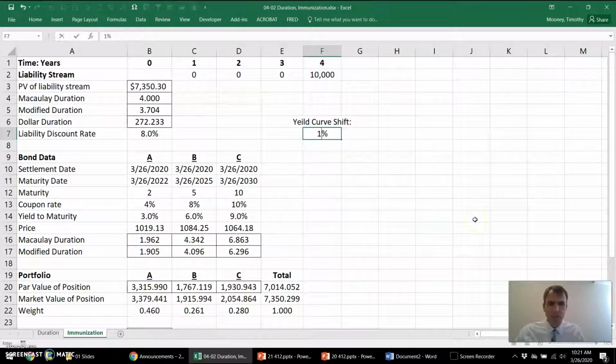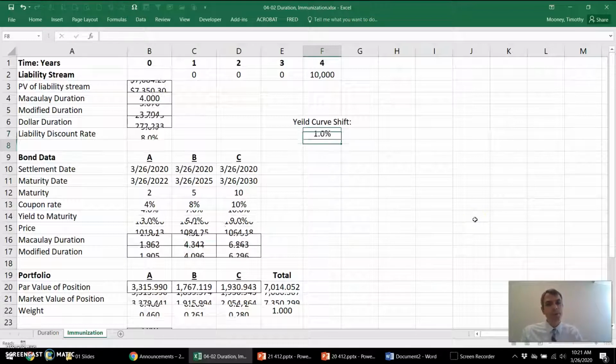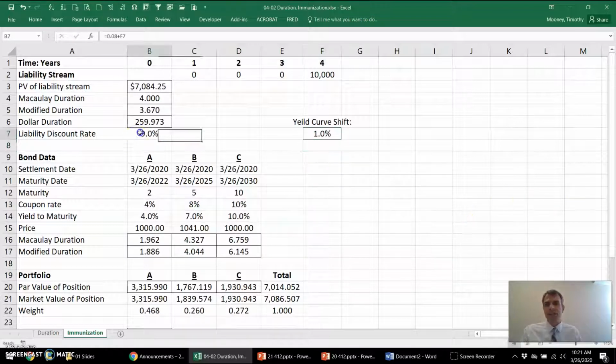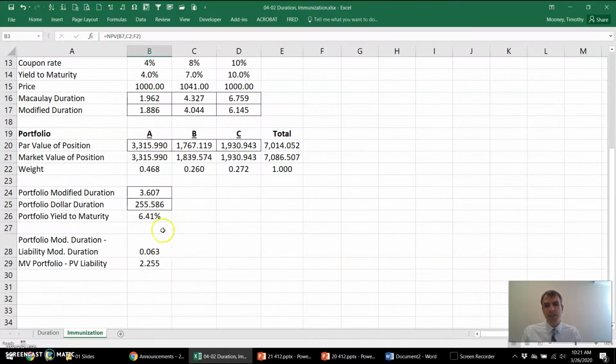So let's see what happens if we increase interest rates by 100 basis points. That increases the liability discount rate and the yield to maturity on all 3 of these bonds. And you can see that after interest rates change, the bond portfolio's value is pretty close to the liability stream, much closer than the non-immunized portfolio we started with. So that's a good thing, right?